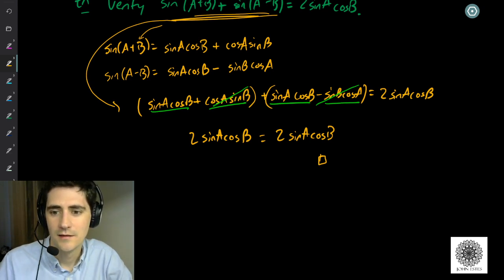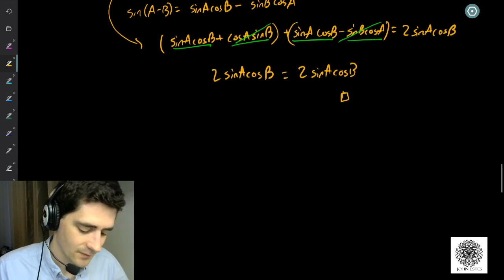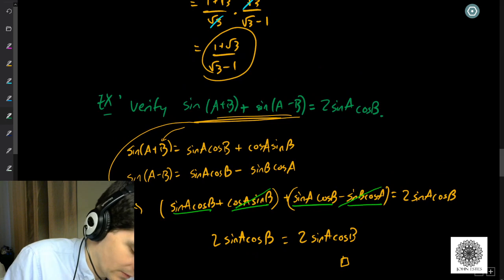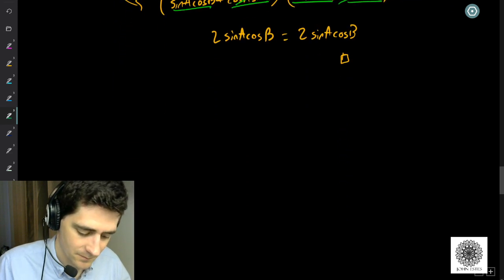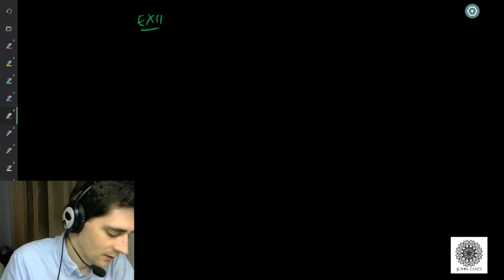Okay, now the last thing I want to show you is an applied problem, because this stuff does show up in the real world, right? By the way, that was example 8 from the textbook. Let's look at example 11. Here's the situation: we have a climbing wall.